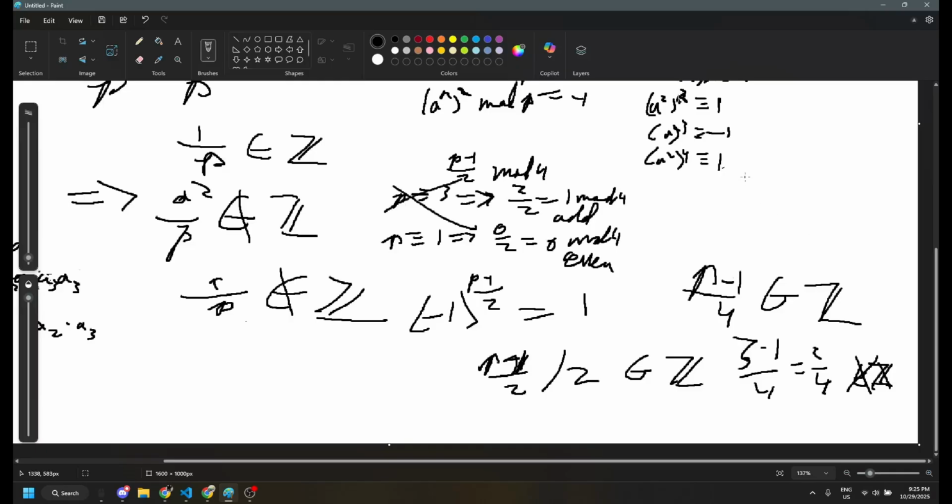If we plug in 1, we get 1 minus 1 over 4, which is really asking if it's an even number, but that is an integer, equal to 0.